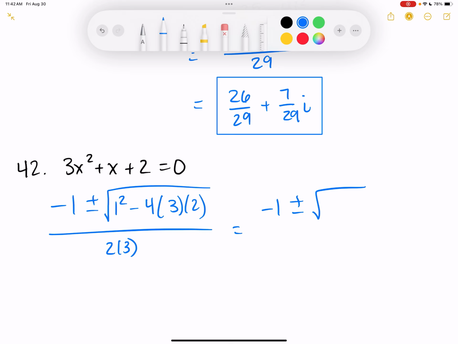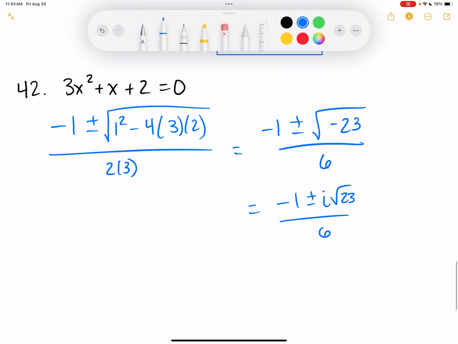Negative 23. I'm just trying to not have to write all the steps out. Over 6. So now what? Don't you have to make it i square root 23? Yep, i root 23. So negative 1 plus or minus i root 23 over 6.